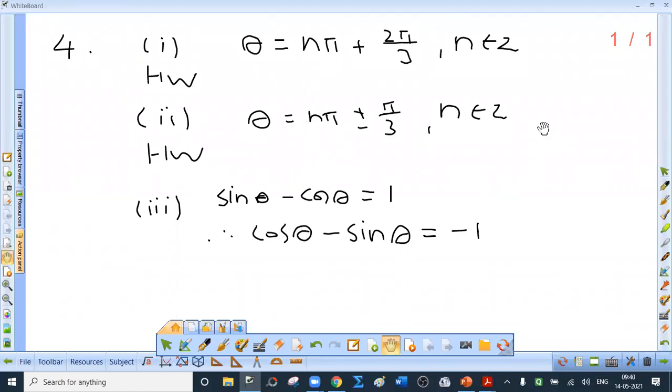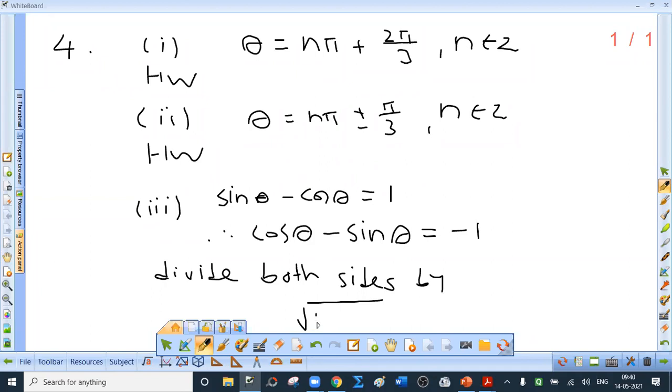So in this case, I will say divide both sides by root of 1 square plus 1 square. Coefficient of cos theta is 1 and that of sin theta is minus 1. So you have to divide both sides by what?